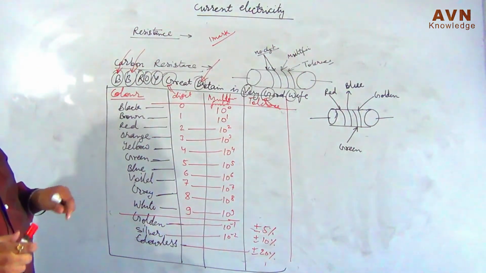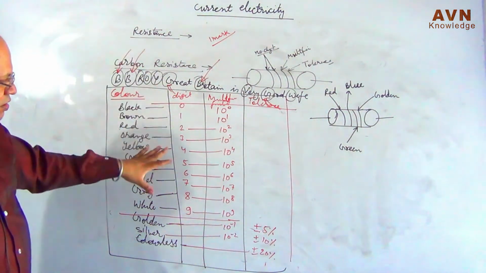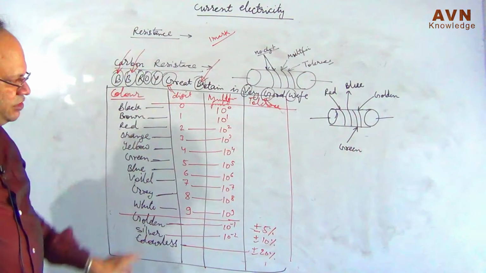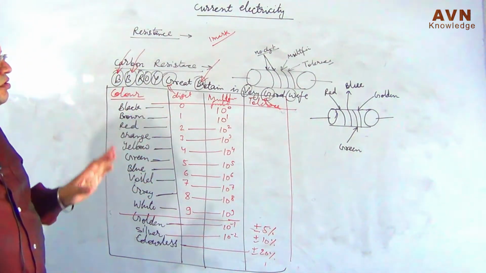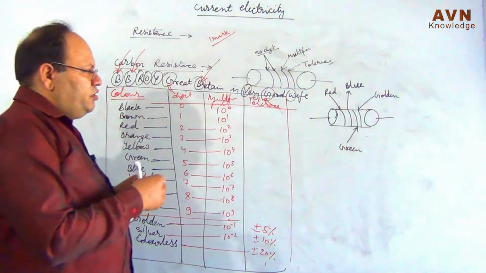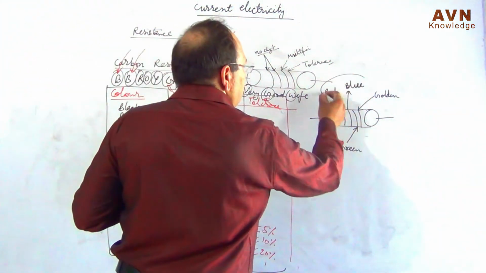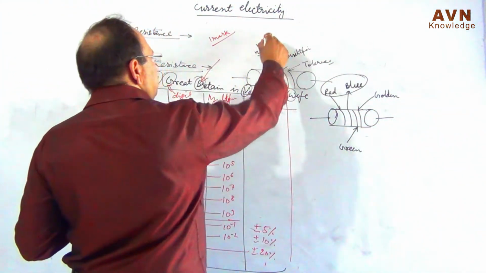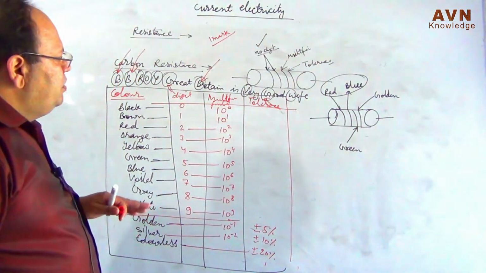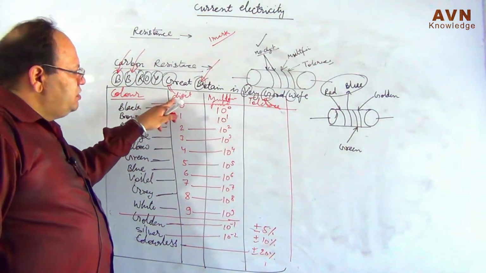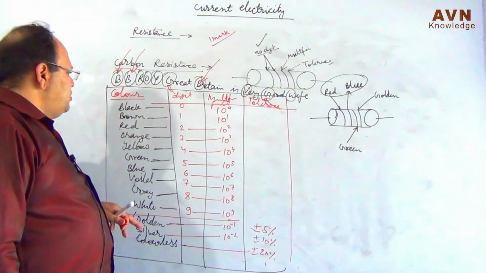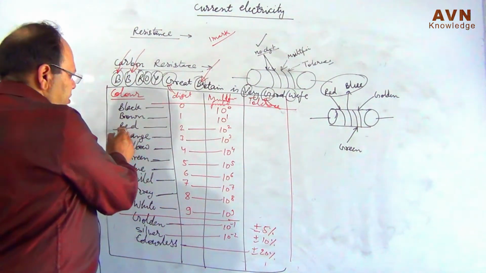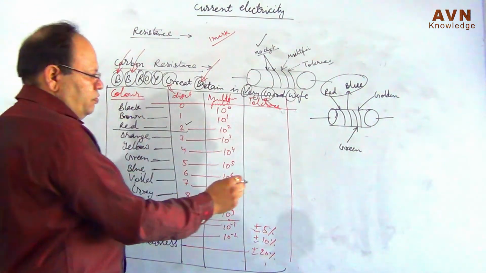When you calculate, first write this table according to the color coding, then solve the question. The first two strips give the digits. The first digit is red, which is number 2.